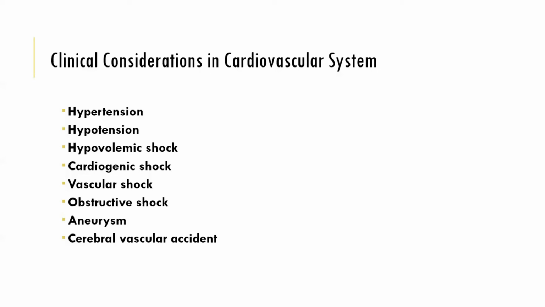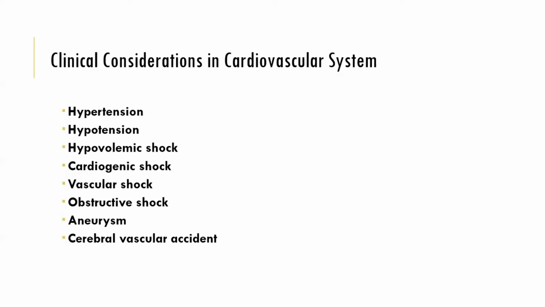Then we have vascular shock, which occurs when the blood volume is normal and constant, but there's poor circulation due to some sort of extreme vasodilation, which in turn drops the blood pressure. Again, we call that vascular shock. Then we have obstructive shock, which is going to occur when a significant portion of the vascular system is blocked.